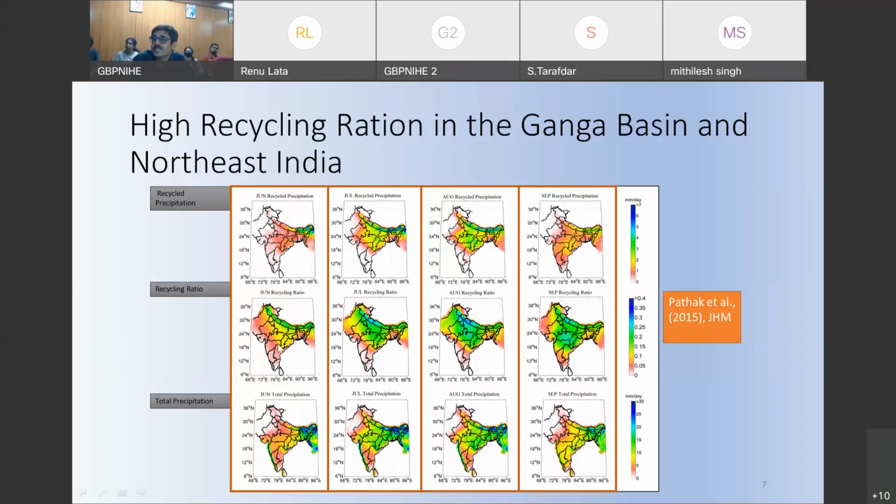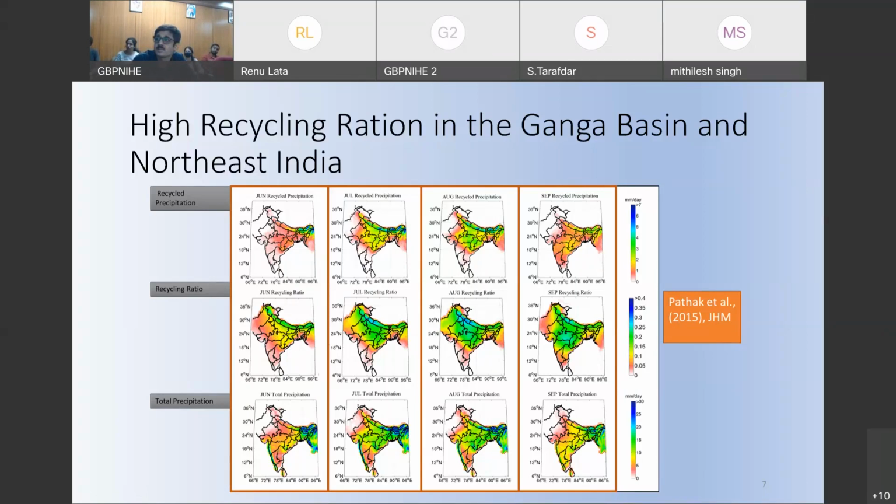But more importantly, you can see the Gangetic Basin, which is a region with a lot of agricultural activity. Initially the soil didn't have much moisture and the crop stages are at a very young stage, so the evapotranspiration is quite low, and the recycling ratio is quite low. But as the monsoon progresses, your soil is getting recharged with more moisture, and the crop is at a mature stage.